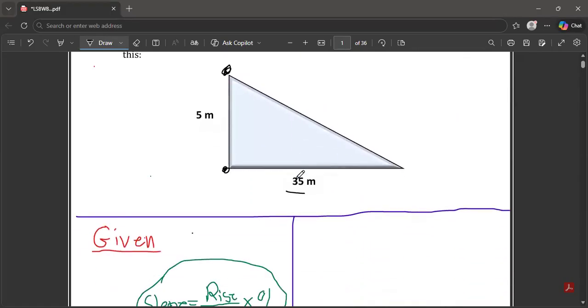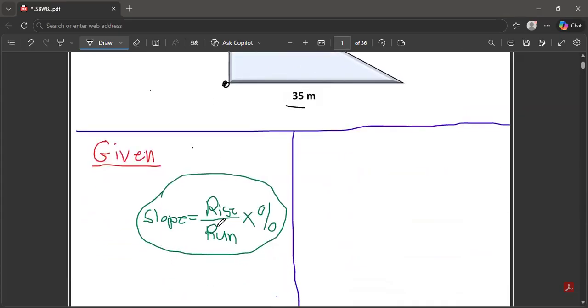So as we said, slope is the ratio of rise to run expressed as a percentage. Or it can also be expressed sometimes in terms of what? 1 in n. Yes, good. So let's quickly proceed.